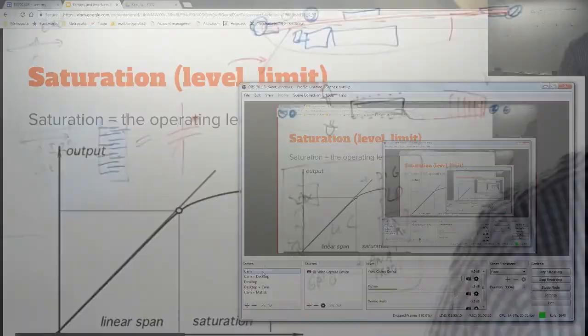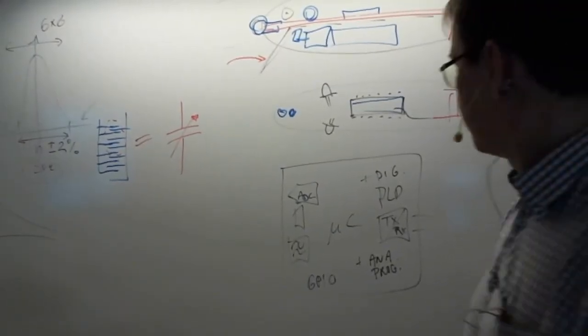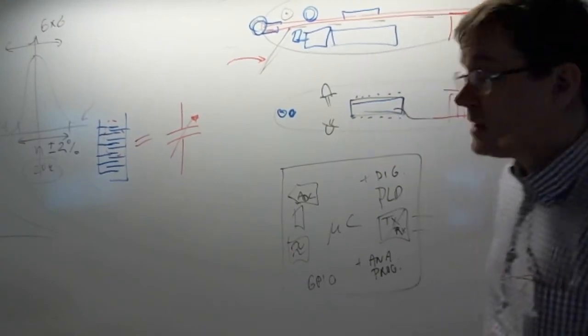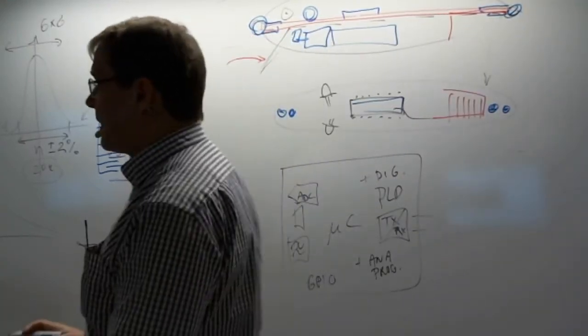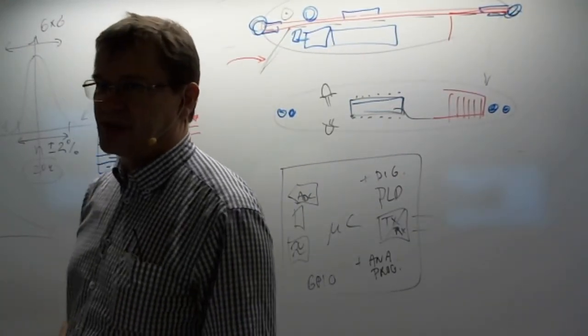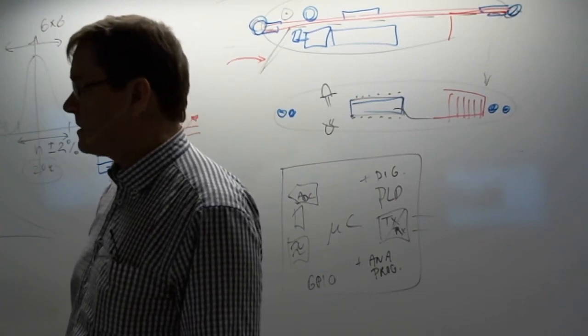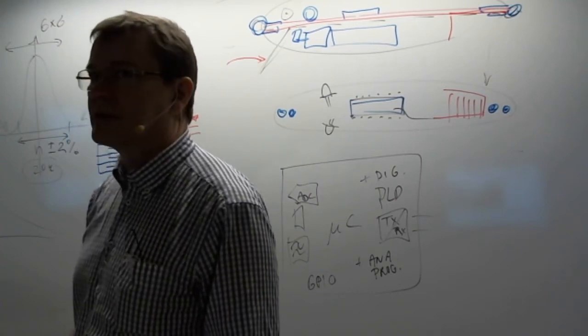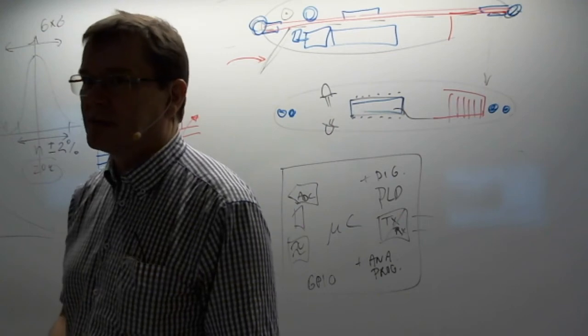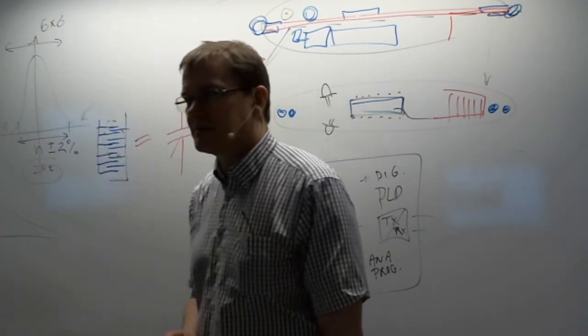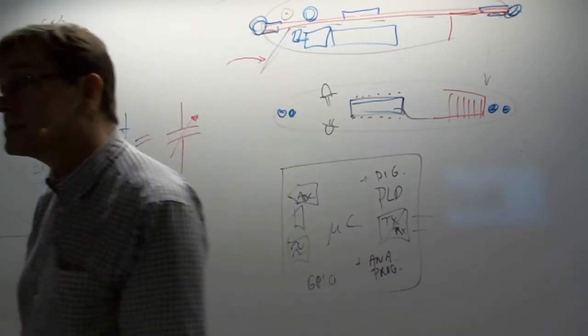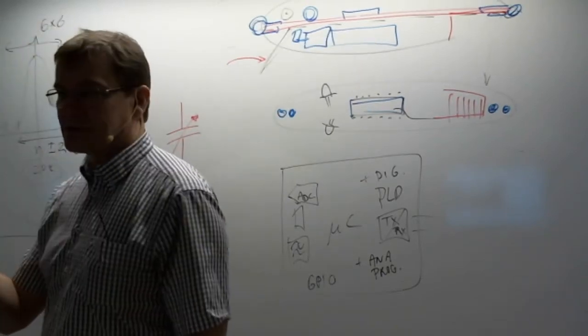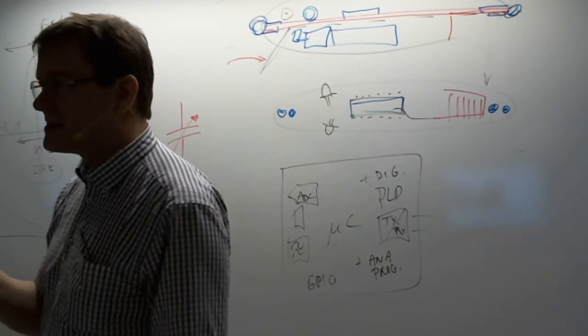Let's take a real life example just for fun. Photomultiplier tube is still the fastest and best way of measuring very, very weak light signals, mostly single photons. Light is made of photons.